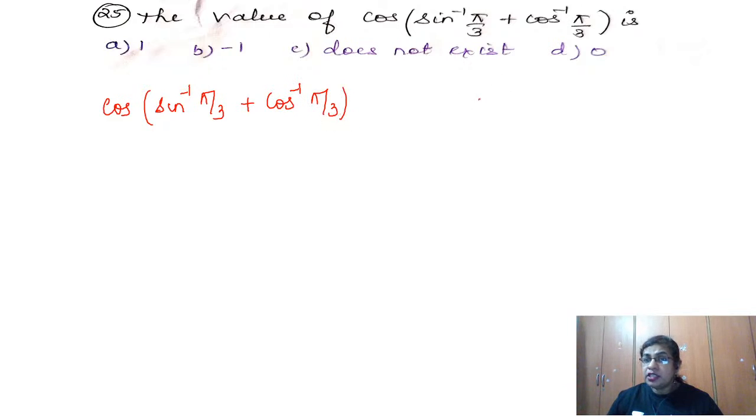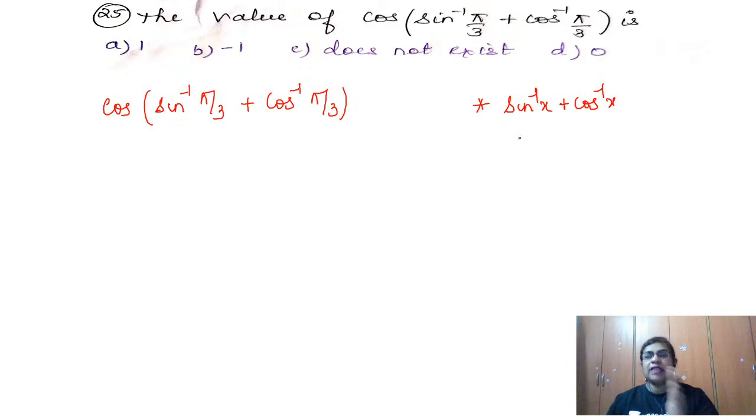But what is the property? The property of inverse trigonometric functions tells me that sine inverse x plus cos inverse x, it can be any two co-functions inverse.